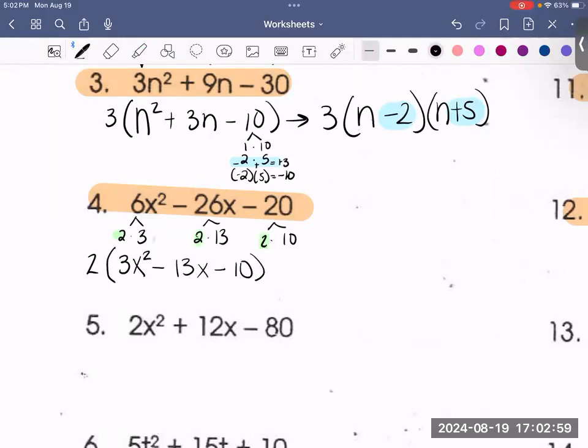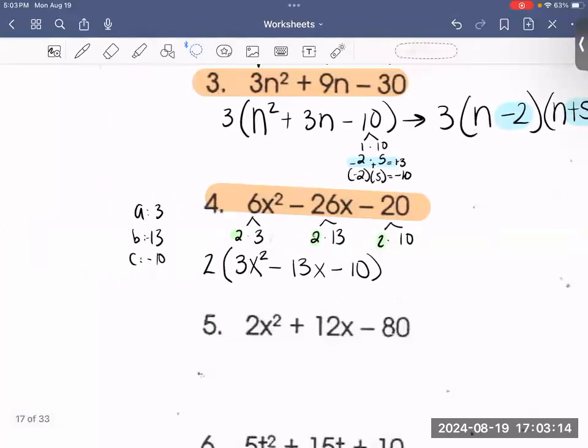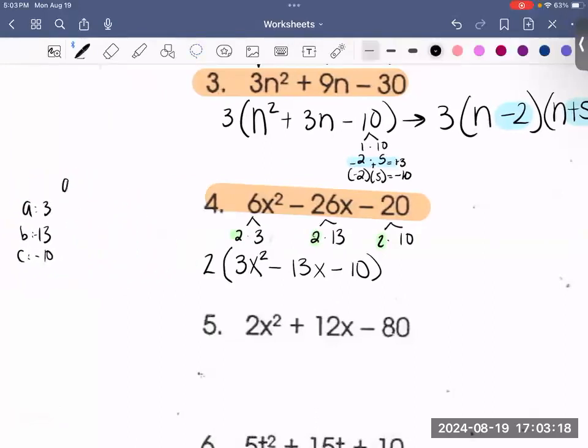So now we can do a little bit of AC grouping. So we have A, B, and C. So we have 3, negative 13, and a negative 10. So AC grouping says we're looking for, so A times C is 3 times negative 10 to make negative 30.